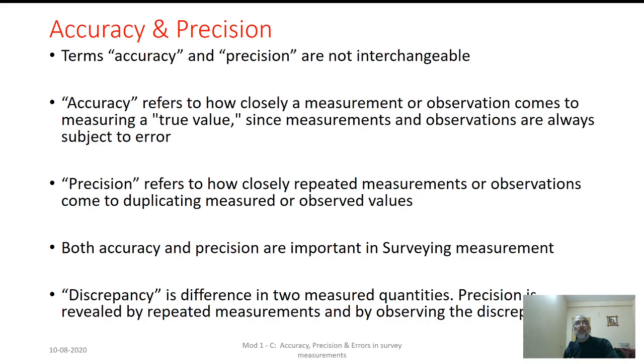Accuracy refers to how closely the measurement or the observation comes to measuring a true value. So, here it is the degree of perfection that you will be attaining in order to reach the true value.